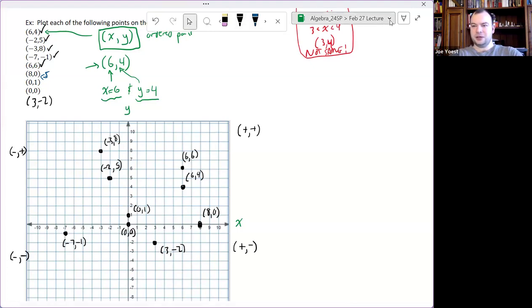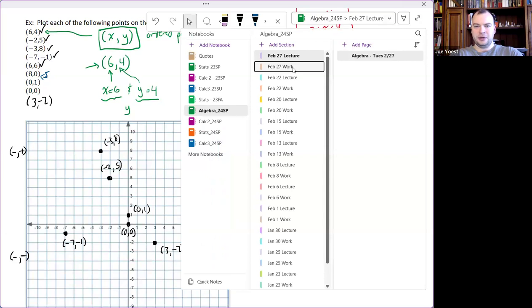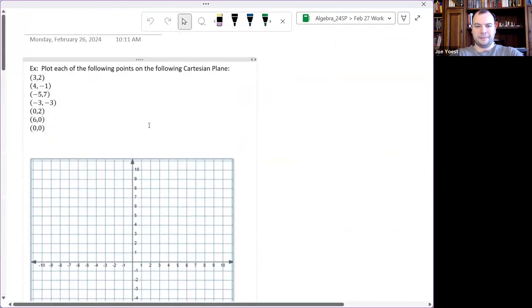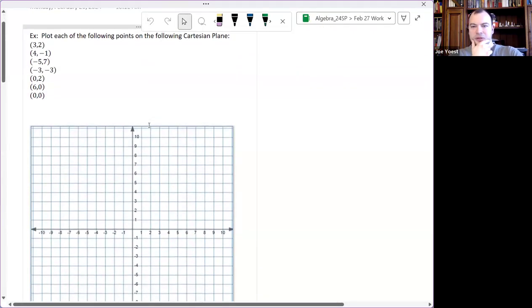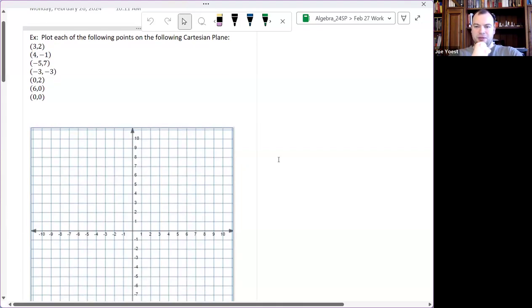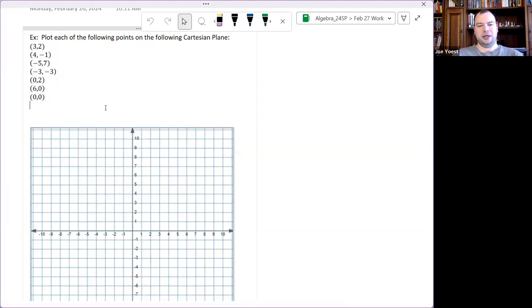Okay, so let's take a minute and practice this. Plot each of these following points on this Cartesian plane below, or this rectangular coordinate plane. So I'll give you maybe 3 or 4 minutes. It might take you a minute to write out a plane on your notebook paper, and then plot these points.